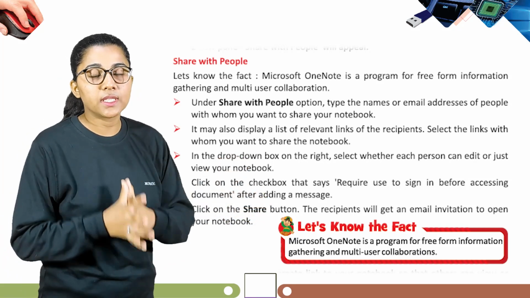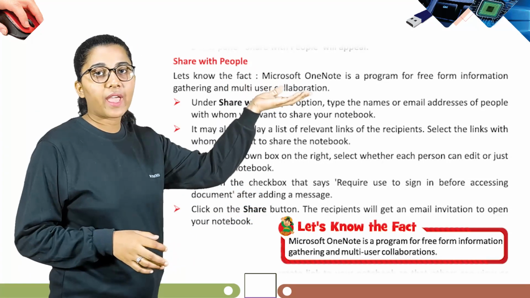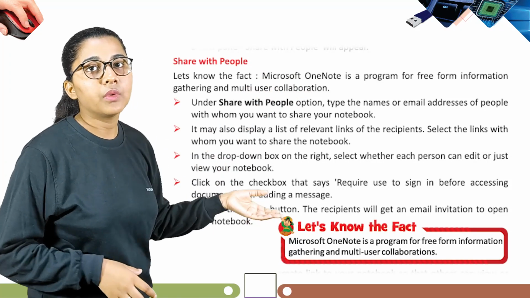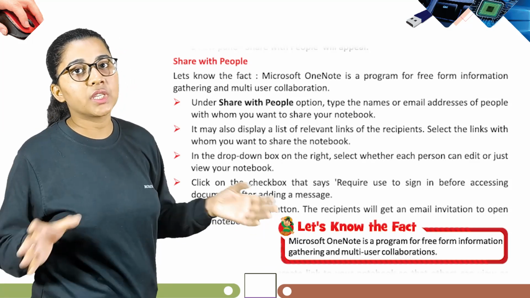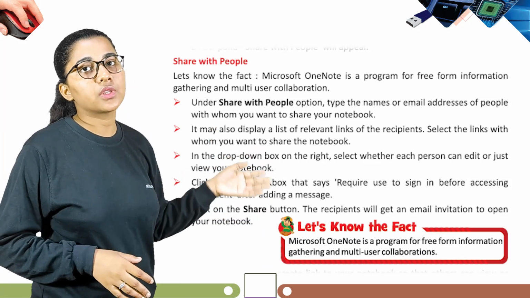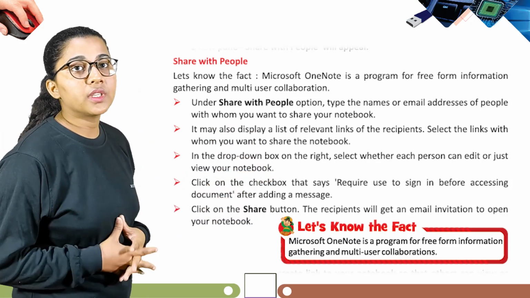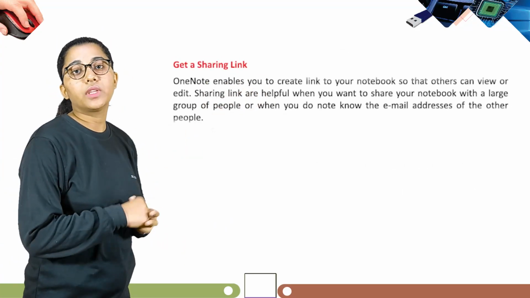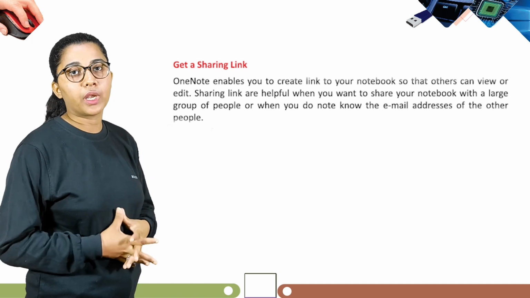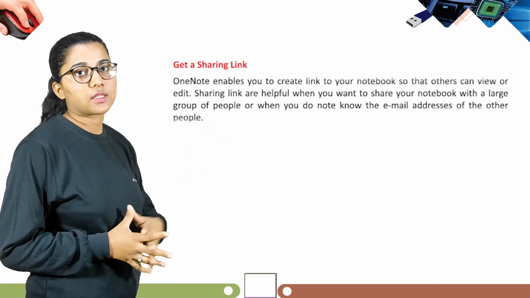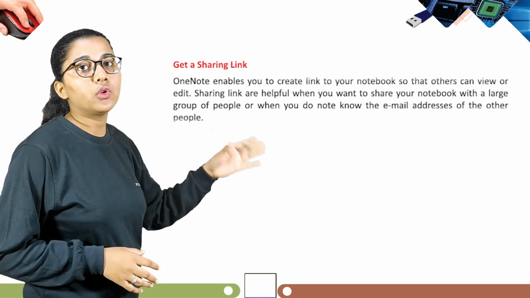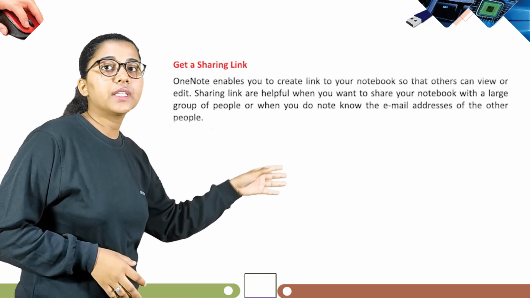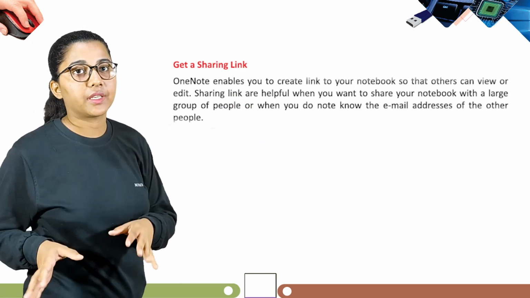So now students, it's time to know an interesting fact: Microsoft OneNote is a program for free-form information gathering and multi-user collaboration. Now students, we are going to learn about getting a sharing link. How will you get a sharing link from OneNote? Let's discuss. OneNote enables you to create a link to your notebook so that others can view or edit.